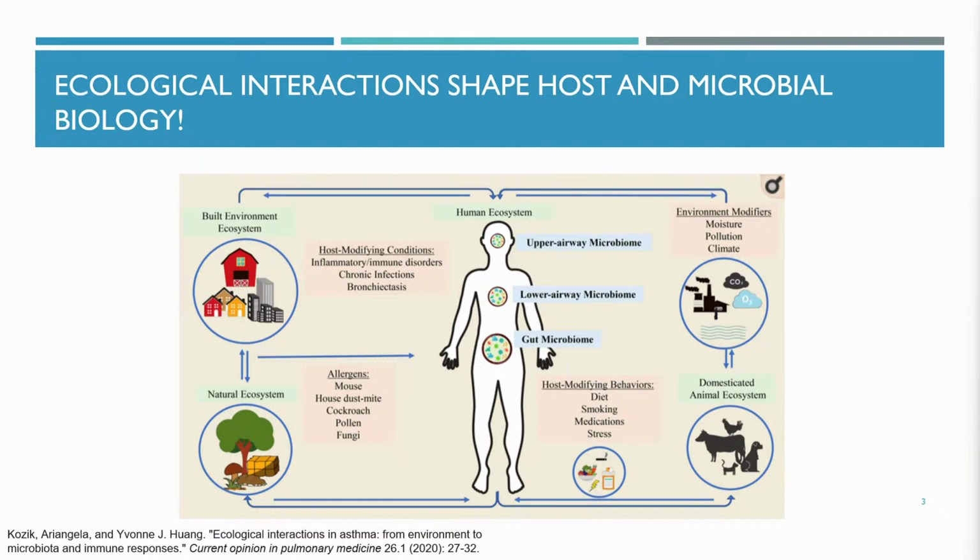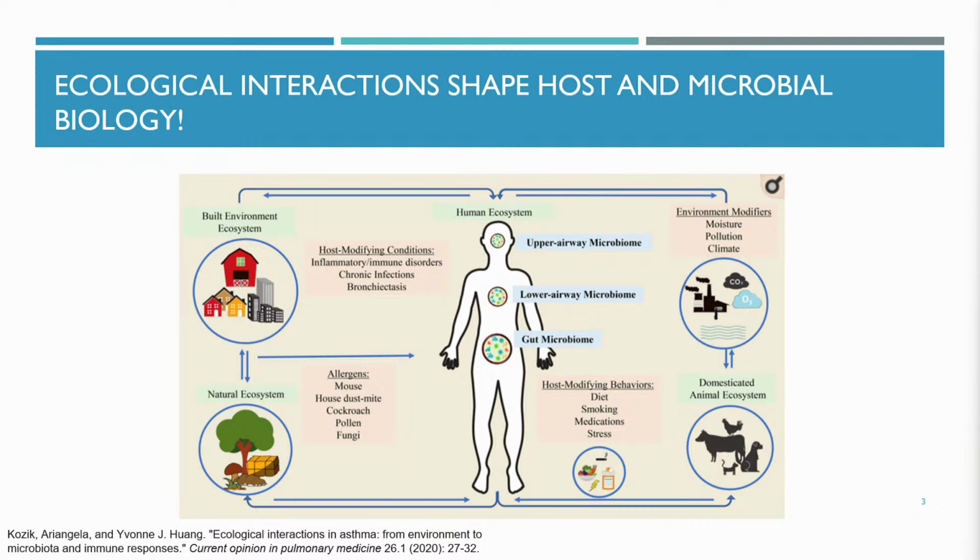She's a professor at Michigan that I work really closely with, and this paper basically talks about ecological interactions in asthma and how that can affect your microbiota and your immune responses. This is interesting because it's been shown that having fungi like Candida albicans within your microbiome and having an overgrowth of it can induce a response that's similar to an allergic response. That's why it's listed here. You don't necessarily have to know the details of that, but just an FYI.